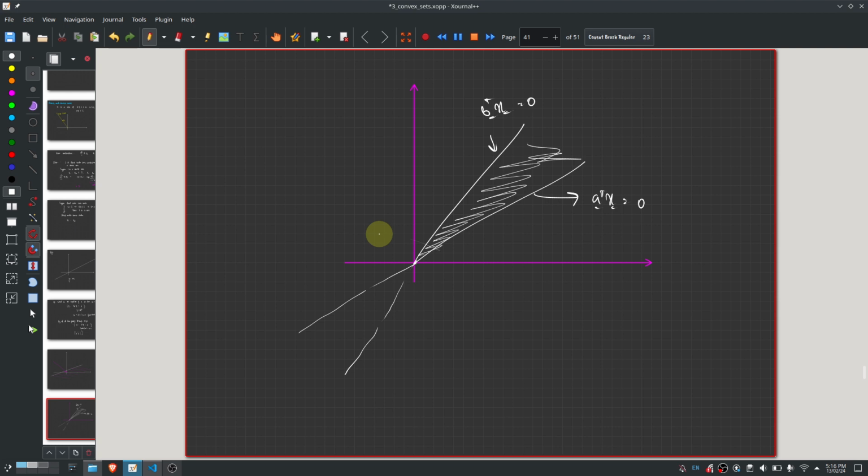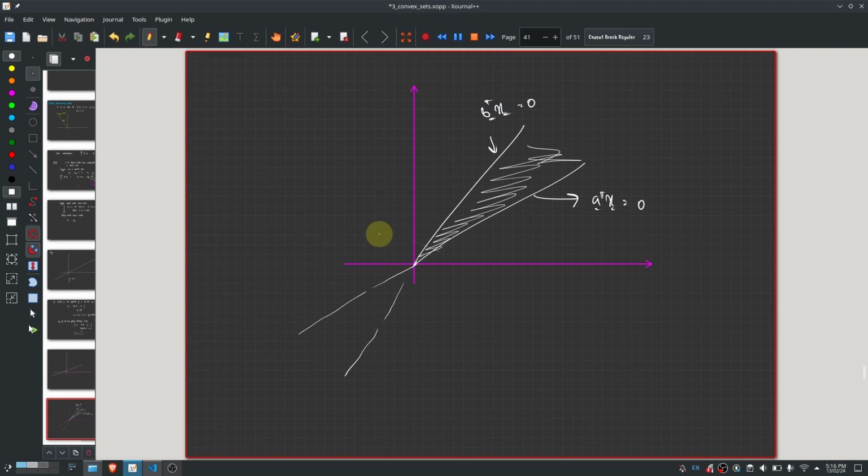Can you give me an example of a non-convex cone? This example is clear to everyone. So this is an example of a cone. It is convex. It is also polyhedral.